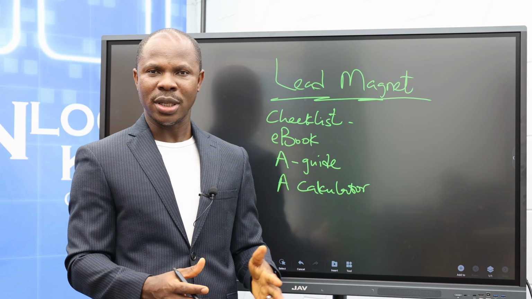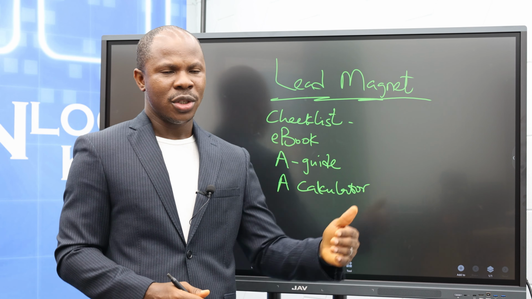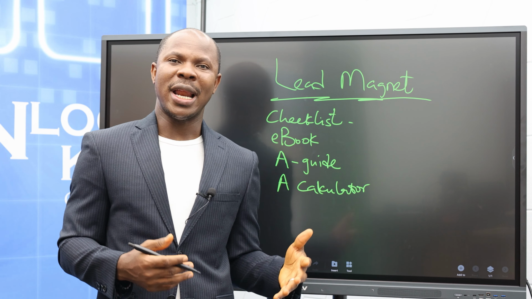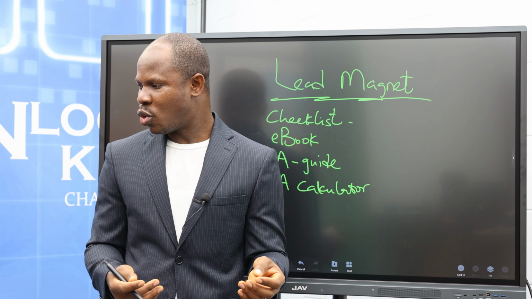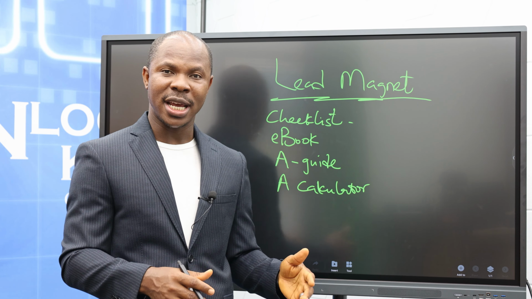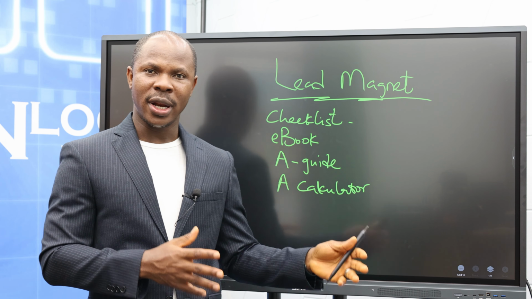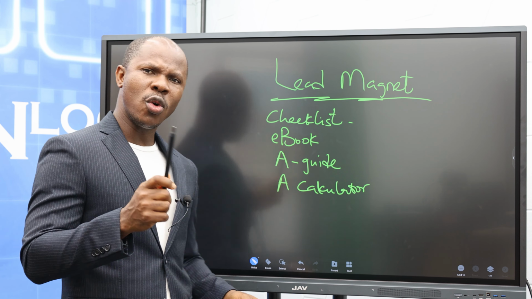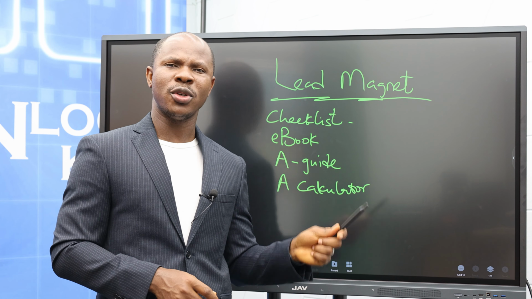But an ebook might be full information. Not everybody might want to download a checklist, but a lot of people might like to read an ebook. So when you twist it up by adding another lead magnet to your funnel, then you open another door for more people. Then now, not only are you able to capture their information.